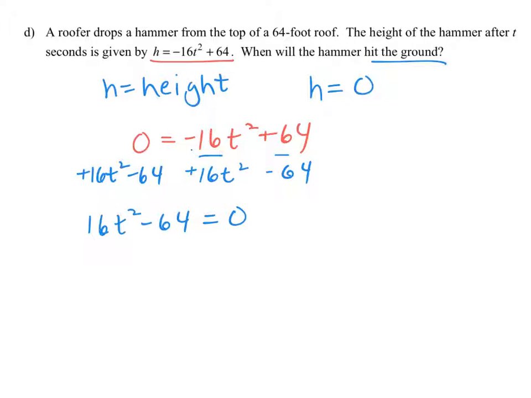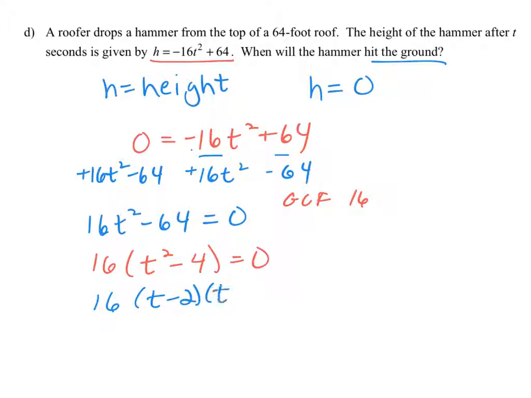And then we can factor out 16, since the greatest common factor of 16 and 64 is 16, GCF of 16. When we do that, we get 16 times the quantity t squared minus 4. And then notice that this is a difference of two squares, so we can continue to factor where the two factors are t minus 2 and t plus 2 is equal to 0.